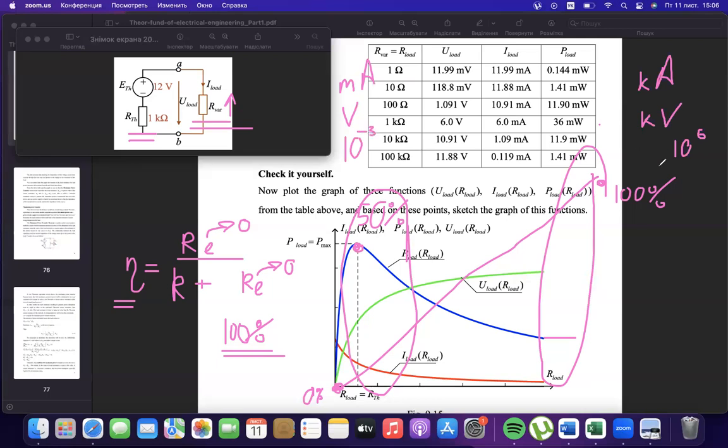The difference will be 9 points, 10 to the 9th power will be the difference between these two numbers. That is the main difference between two approaches, what we are mostly interested in.